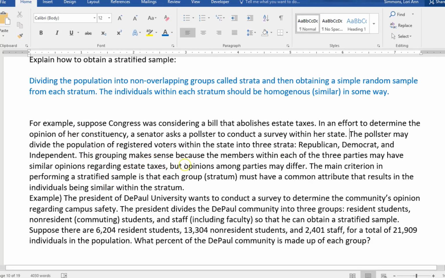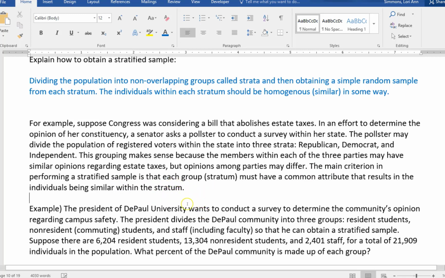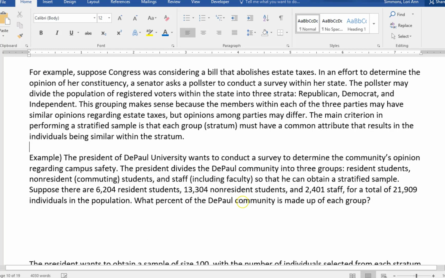This grouping makes sense because the members within each of the three parties may have similar opinions regarding estate taxes, but opinions among parties may differ. The main criterion in performing a stratified sample is that each group stratum must have a common attribute that results in the individuals being similar within the stratum.